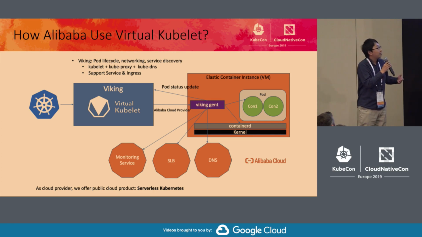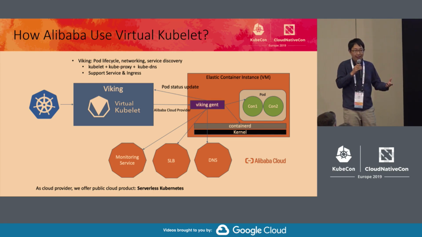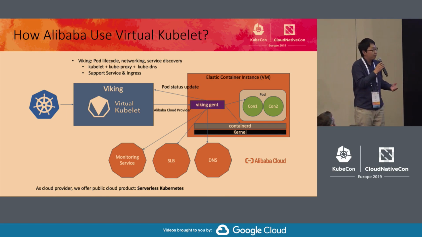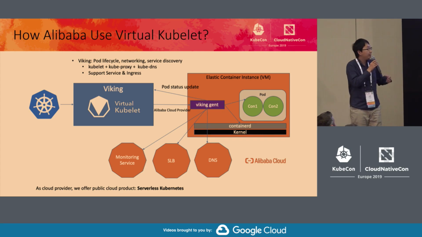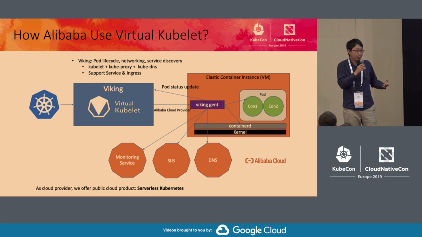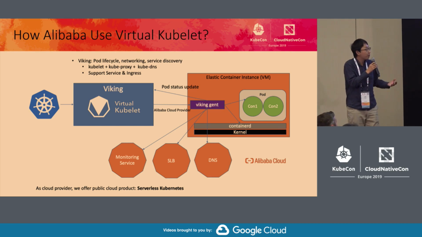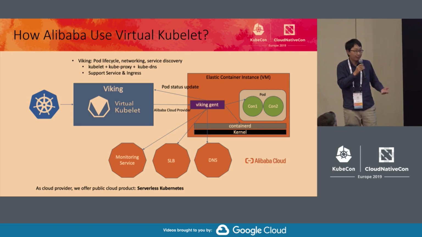And the ECI instance is actually a virtual machine, but this virtual machine is not user-facing. And in this virtual machine, first of all, we will have containerd running inside. And then we have a Viking engine to handle the requests from Virtual Kubelet and to send requests to the monitoring service, load balancer, or DNS service in Alibaba Cloud. So you can see here we're using Virtual Kubelet, and we have the Viking engine to handle the rest of the requests.